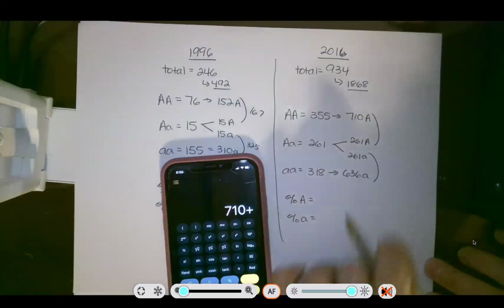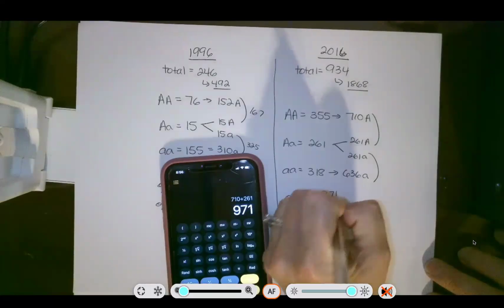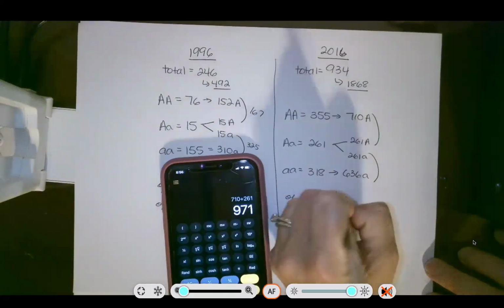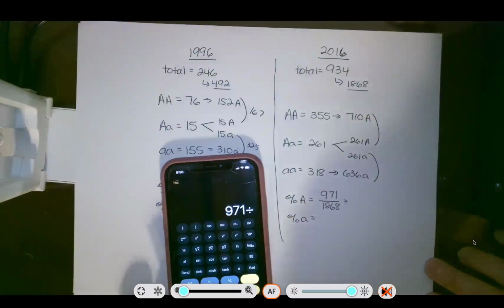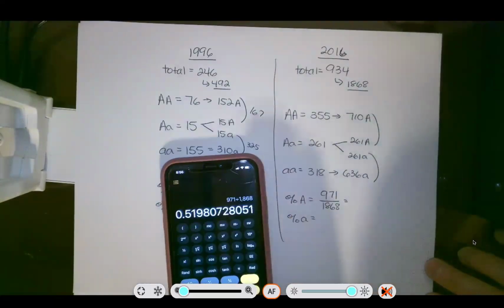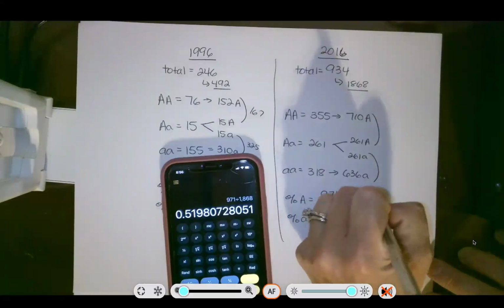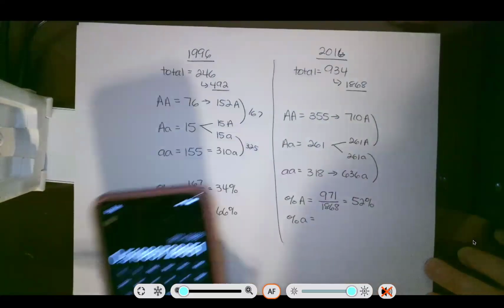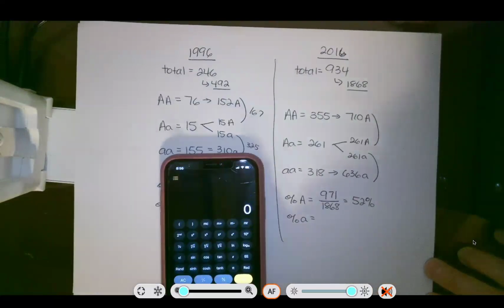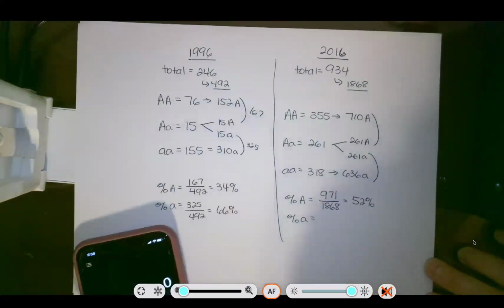710 plus 261, that is 971 big A's over 1868. And that is 52%. Okay, sorry, and that looks like a change because we were at 34.